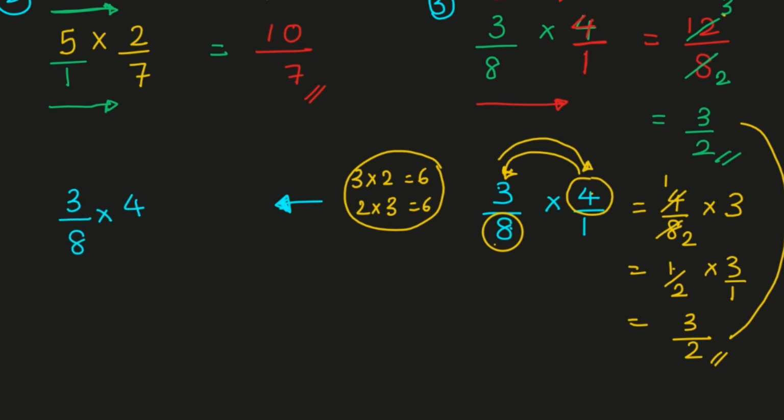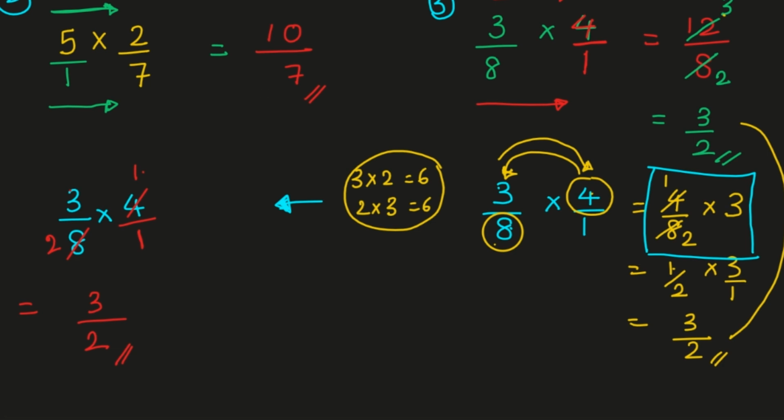Instead of writing the question like this, I'm dividing it here. What is it? 4 divided by 4, it's 1. 8 divided by 4, it's 2. You know that the number below 4 is 1. So what's the answer? 3 into 1, it's 3. 2 into 1, it's 2. See, we got the answer just by two simple steps.